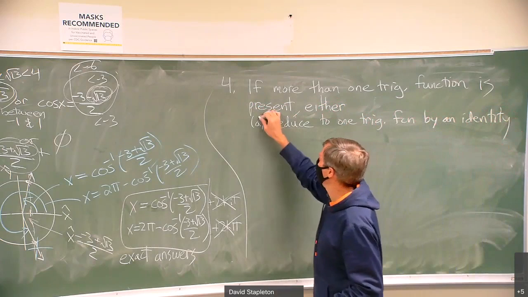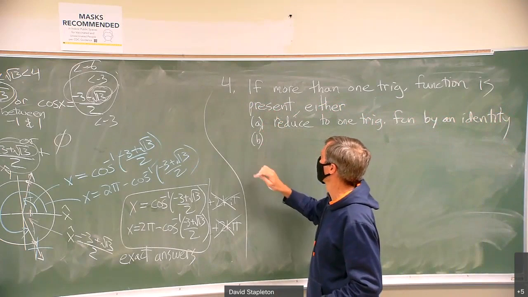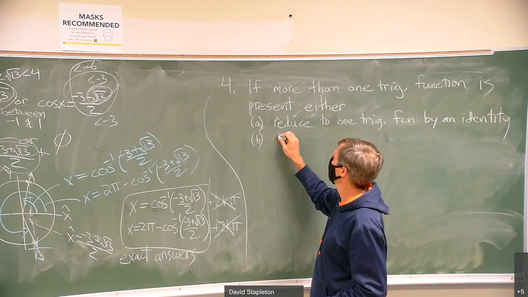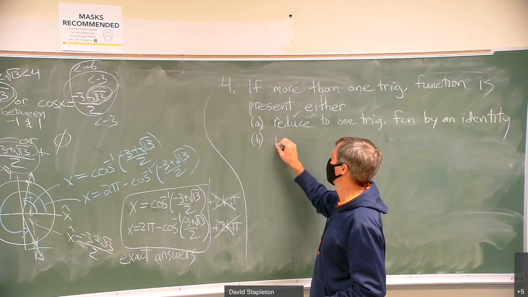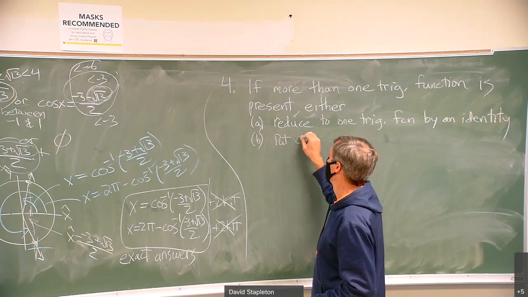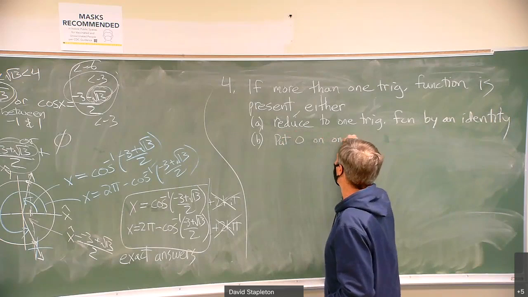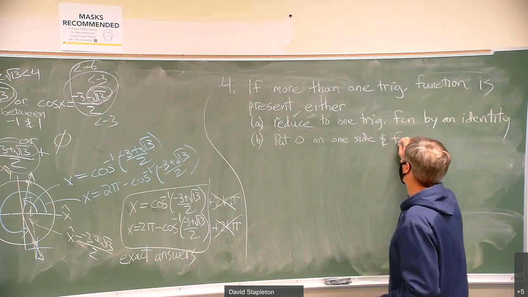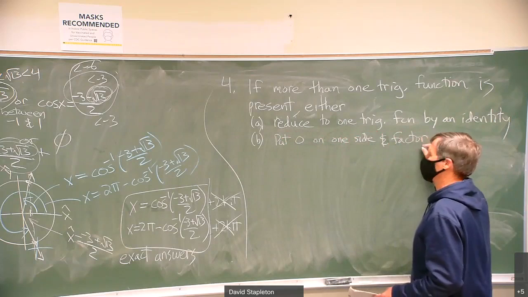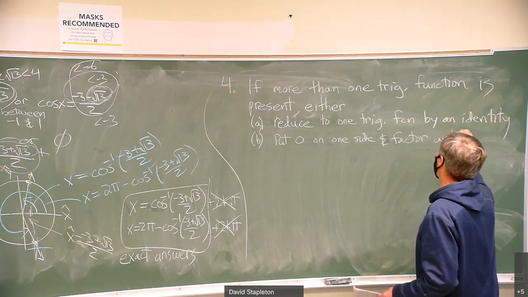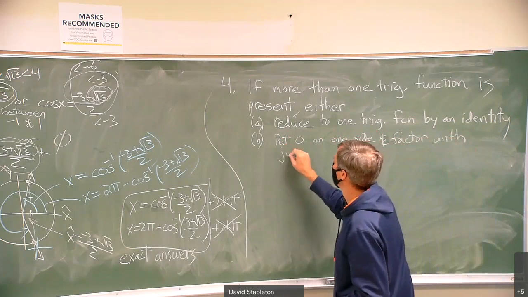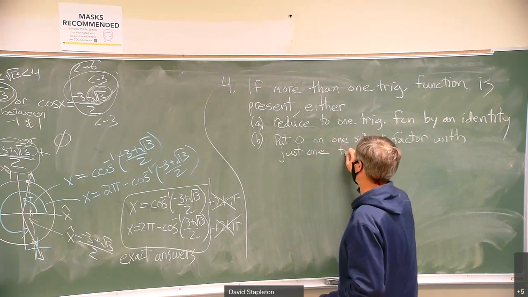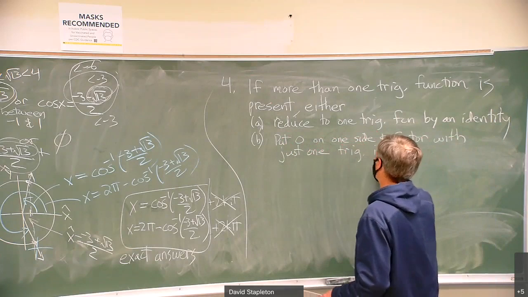And the other thing that happens on just a few of these is you can put the equation equals 0, put 0 on one side, and factor with just one trig function in each factor. I'll give an example of this and then it'll make sense. Right now, it probably doesn't make sense.